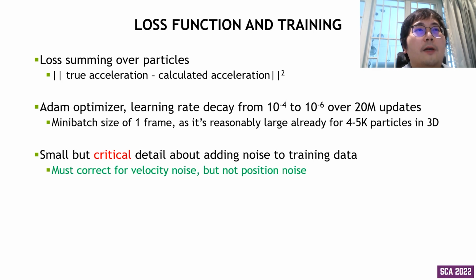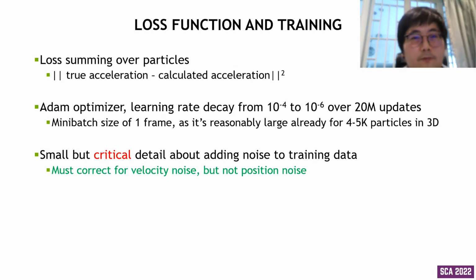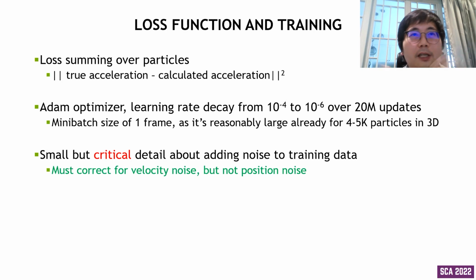A small but critical detail about adding noise to the training data is that we have to correct for the velocity noise, but not the position. During training, we need to add noise, right? If we don't add any noise to the training, then the network would only see data that is very close to the training data.